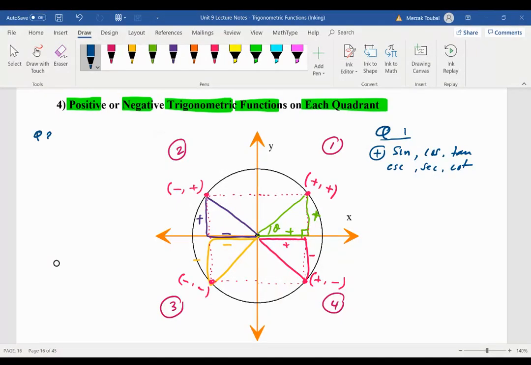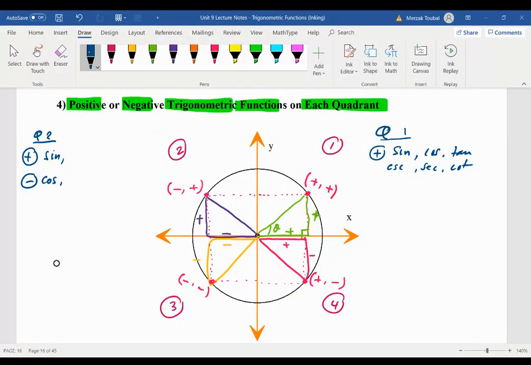In quadrant 2, if you look at the purple triangle, the sine again is opposite over hypotenuse. Opposite is positive, so the sine must be positive. So let's put a plus. Cosine is adjacent over hypotenuse. Adjacent is negative, so the cosine is negative.